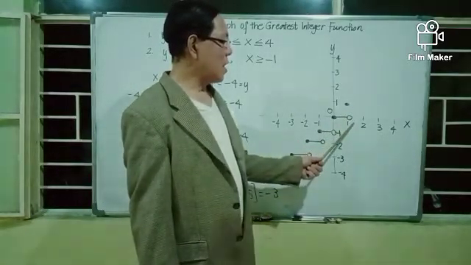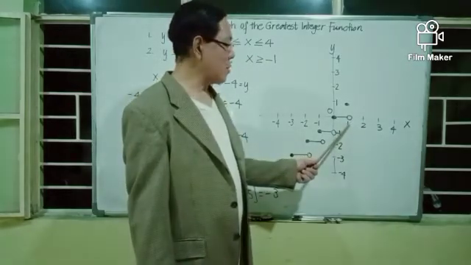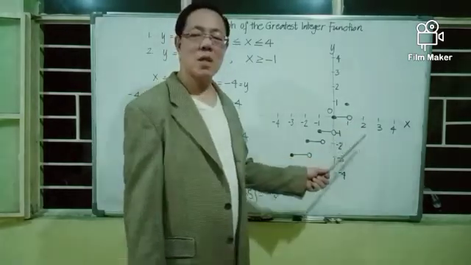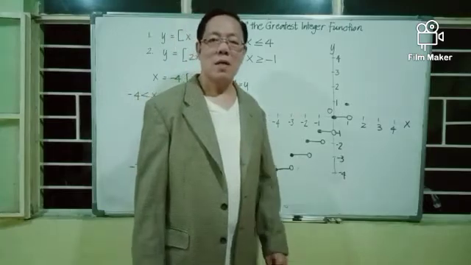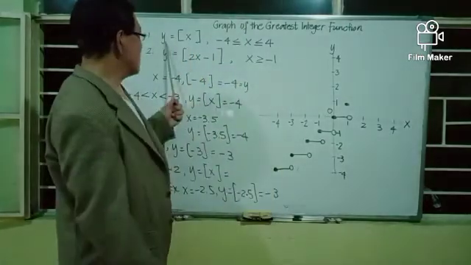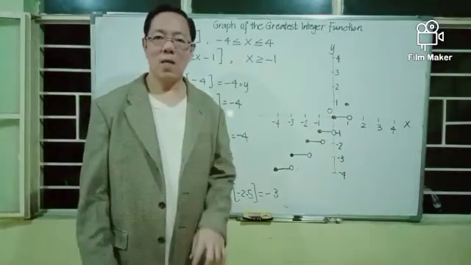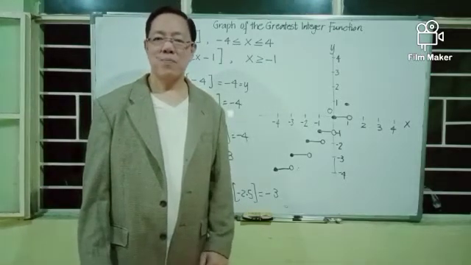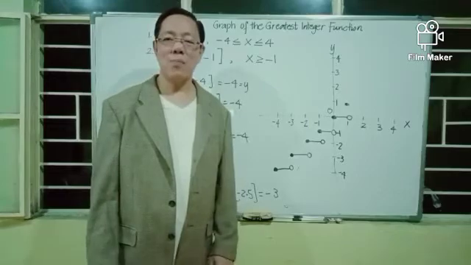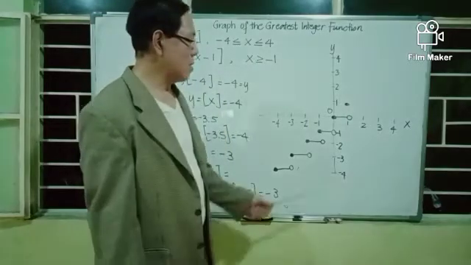If you take a real number very close to 1, say 1.001, the value of y if x is 1.001 is 1. The biggest integer less than 1.001 is 1.